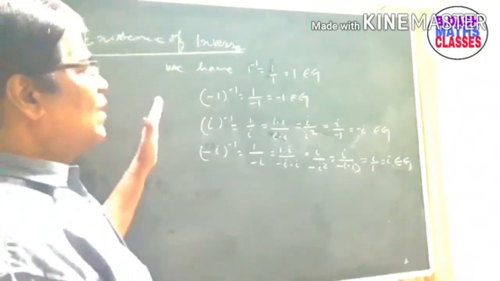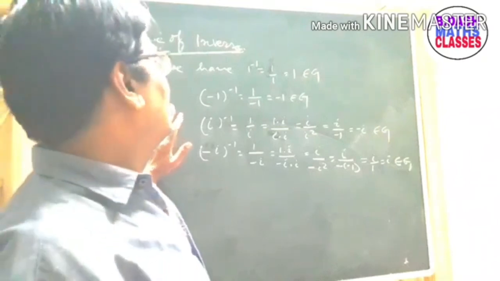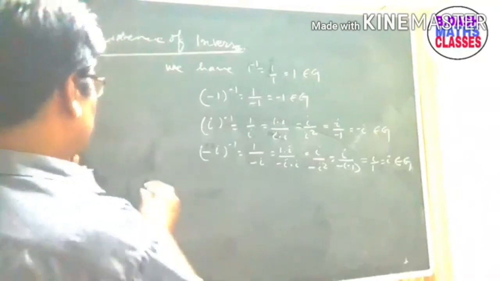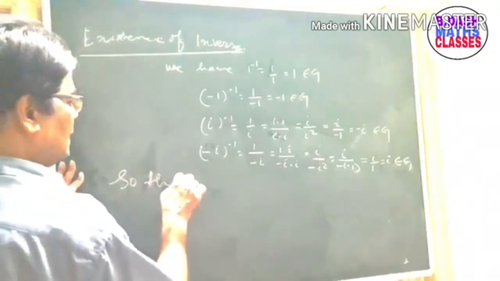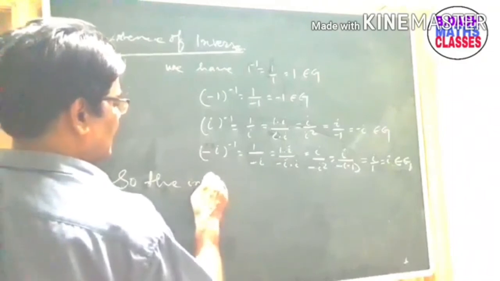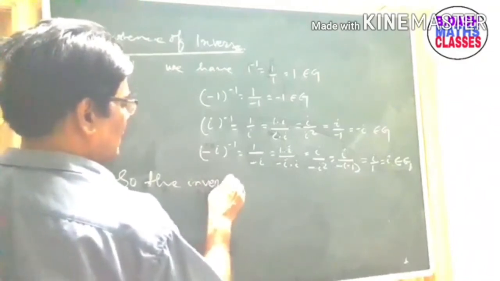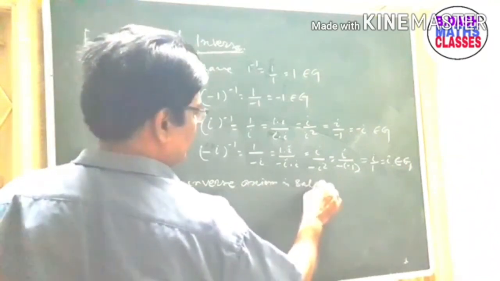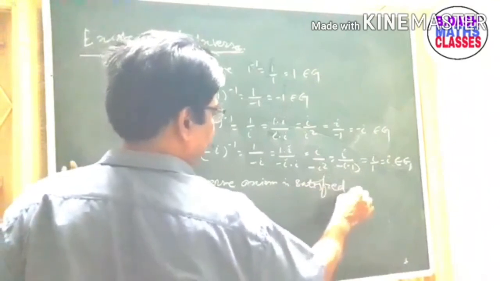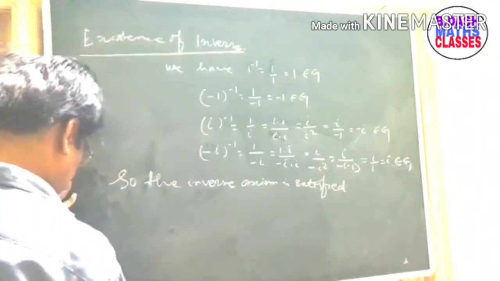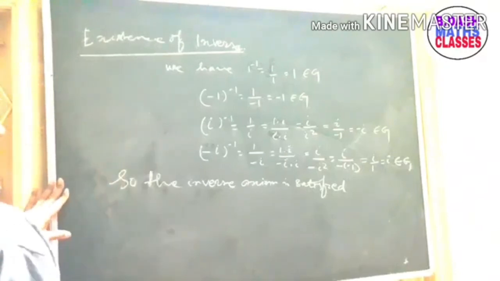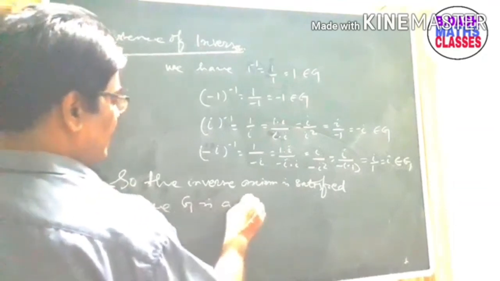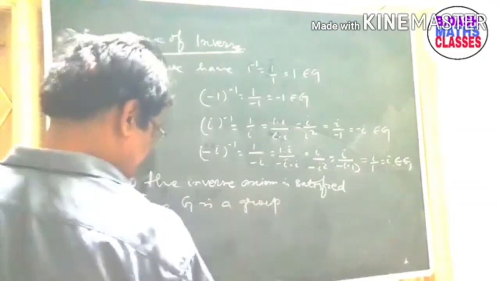It means we get all the inverses here. The inverse of all the elements of G belongs to G. So the inverse axiom is satisfied. All the four axioms are satisfied. Hence, G is a group.